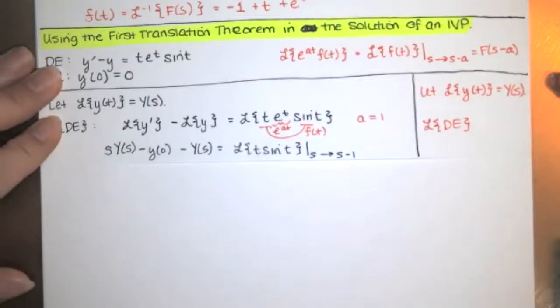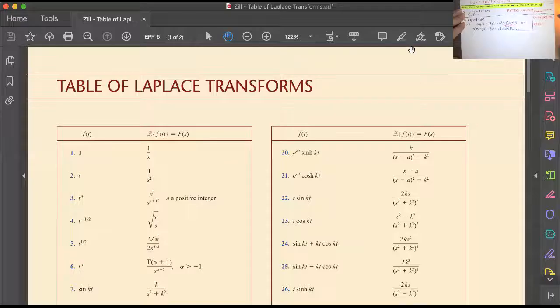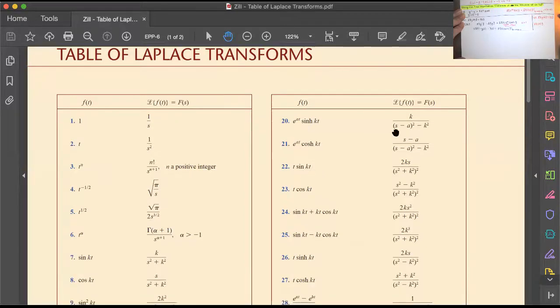Let's go to our table of Laplace transforms now. Since we are taking the Laplace transform of a function, we are looking in the left column, and then the Laplace transform of the function of t is going to be in the right column. So we're looking for a t to the first times sine of t, and I think I see it. It's right there. It's number 22. That's the one.